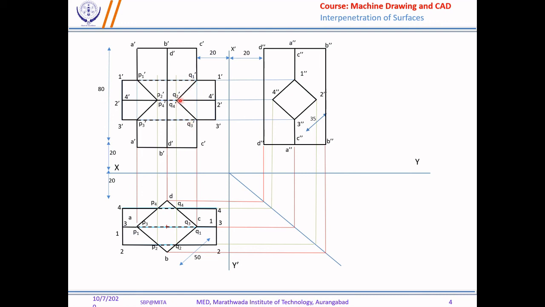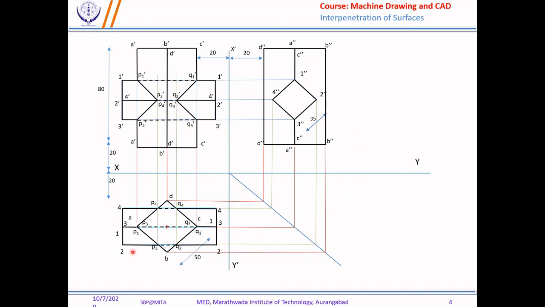This gives the correct penetration view of the horizontal prism with the vertical prism, where P1 dash and Q1 dash, and P3 dash and Q3 dash, are drawn dotted because they are invisible.